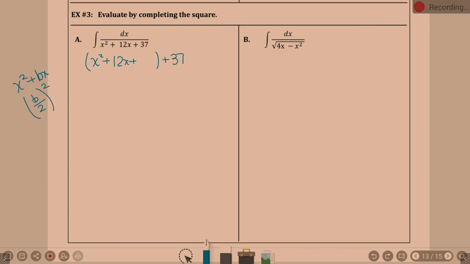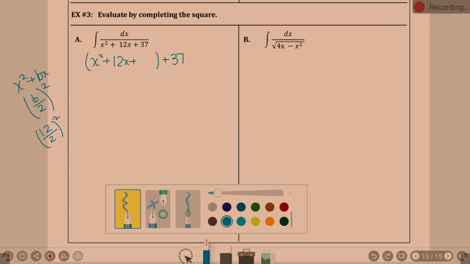What is b? 12. So 12 over 2 quantity squared. 12 divided by 2 is 6. 6 squared is 36. We're going to add 36 into that gap I left.